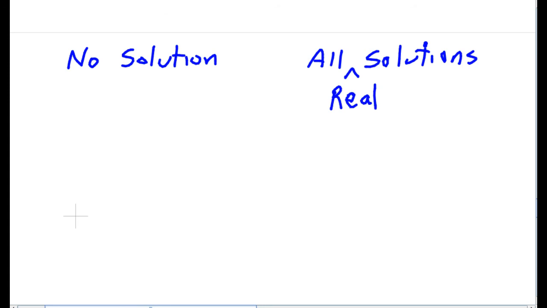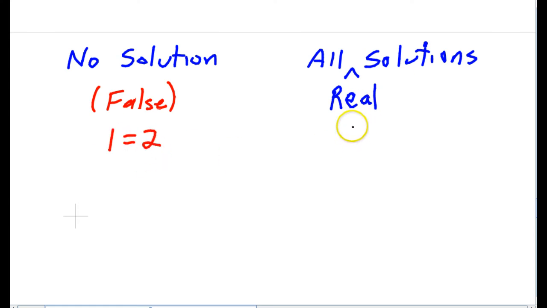How do you know if it's no solution? How do you know if it's all real? So basically at the end, you get something false, such as 1 equals 2.